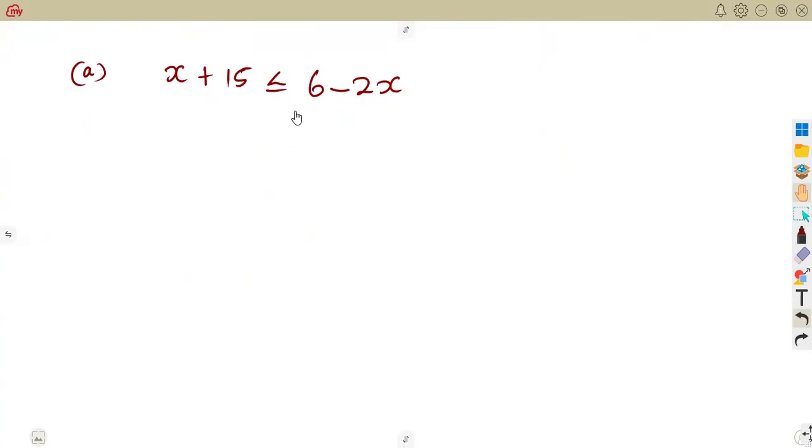The only part that we need to consider is that when you are working with inequalities, the division of a negative, let's say we're given minus 2x is greater than 4. The moment that you divide by this negative, it is going to affect the inequality sign that you're given.